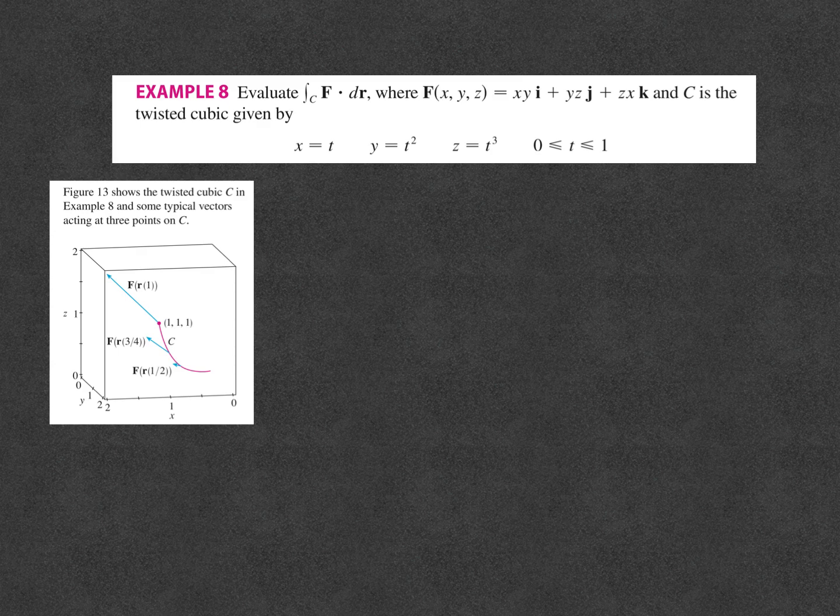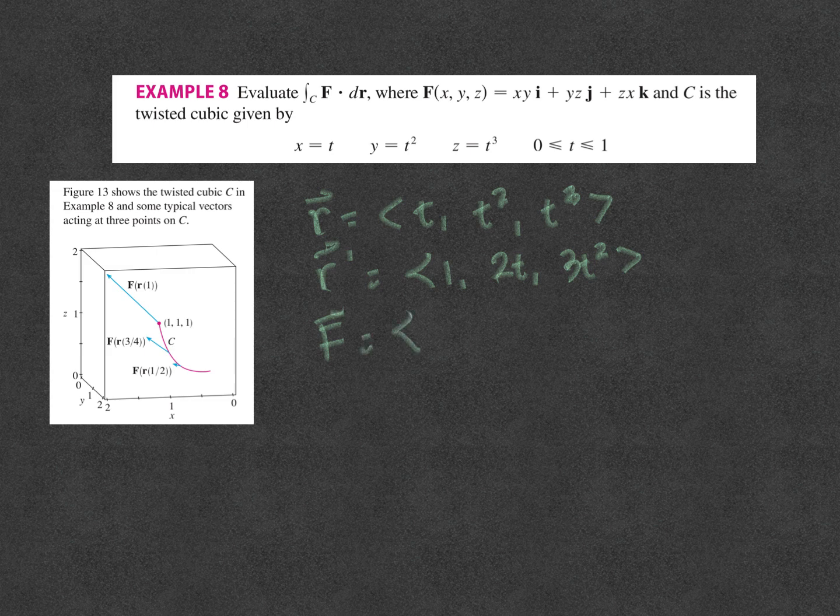So we have our x, y, and z defined up here, but let's go ahead and put these things in terms of r. So we know that our vector r is x, y, z. So we have t, t squared, t to the third. And then r prime is going to be equal to 1, 2t, 3t squared. And then f in terms of r.